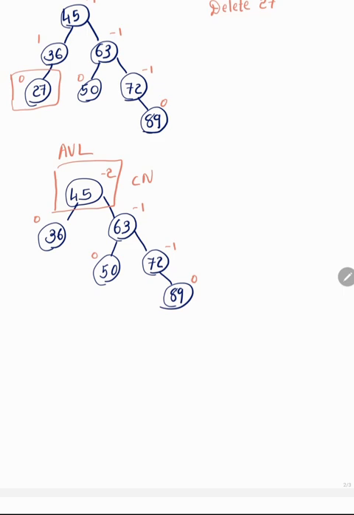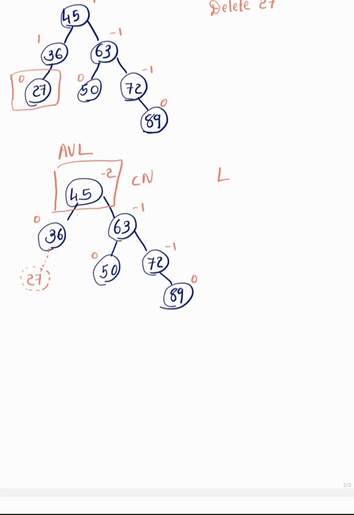Again the same thing, I need to check from which side of my critical node that particular data is deleted. So 27 is deleted from the left side of my critical node. That means I come to know that it's an L kind of rotation, right? Now which one of L0, L1 or L-1? For that you need to check the balance factor of the critical node's right child, right?